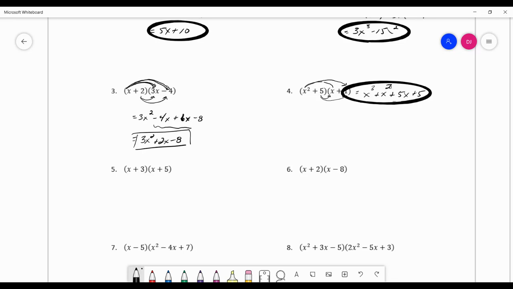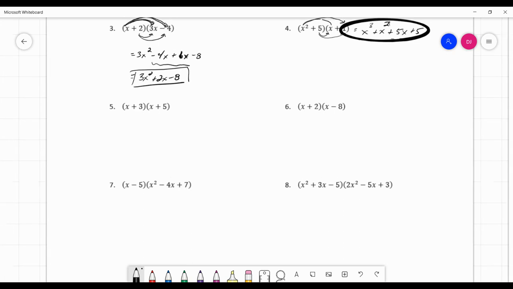Number 5, again, we have x plus 3 times x plus 5. So we're going to distribute the x to both the x and the 5, resulting in x squared plus 5x. 3 times the x is 3x. 3 times the 5 is 15.